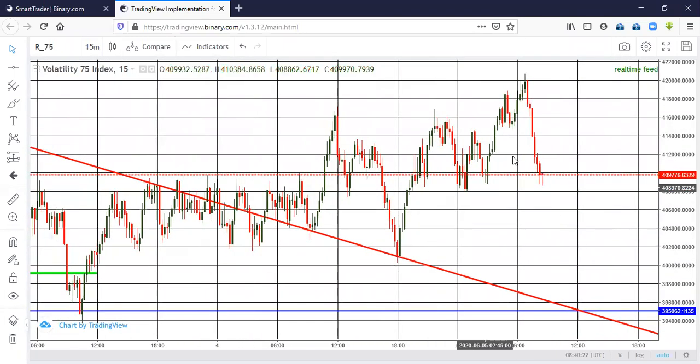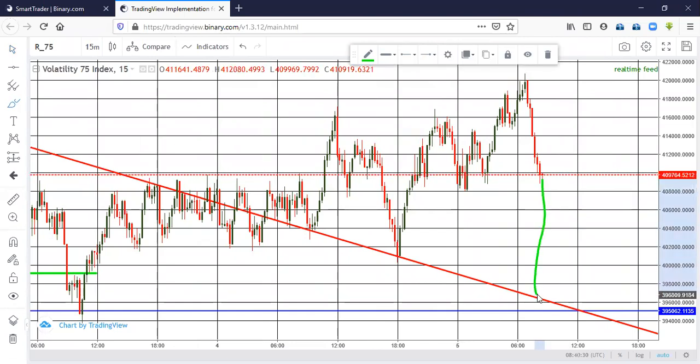So we are expecting it to continue coming down. This market, we are expecting it to continue coming down. Once it reaches here, we'll have a trade which we're expecting it to touch.